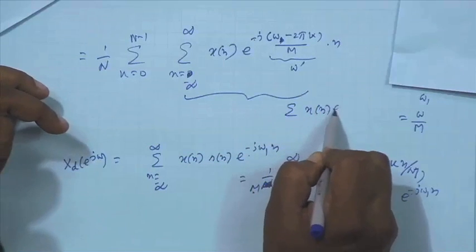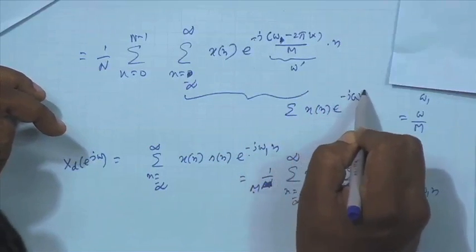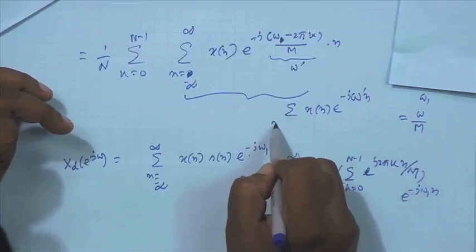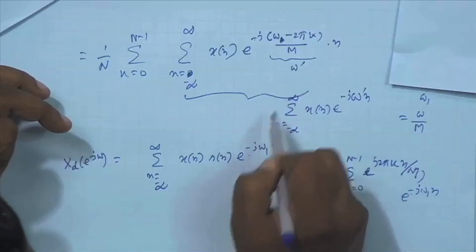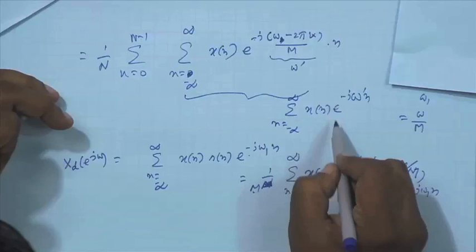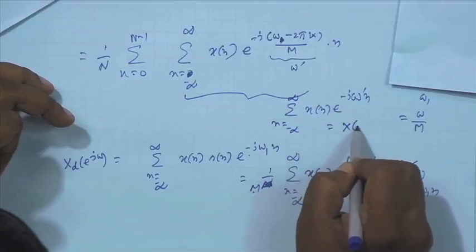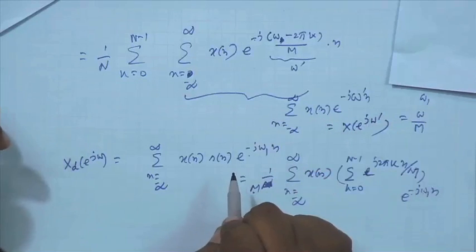so this inner summation is nothing but the summation of x n e to the power minus j omega prime n, which is nothing but the DTFT at omega prime. So, X e to the power j omega prime.